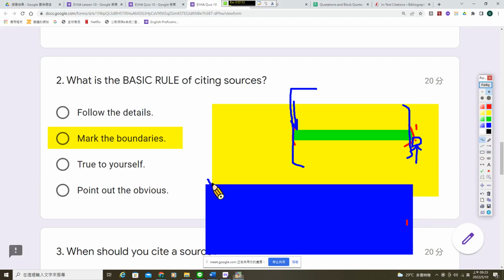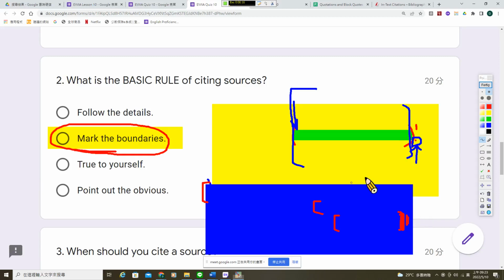Are you referring to starting from here to here, or some segment between this and this, or a shorter one from here to here? So without marking the boundaries, your citation number here is very confusing.